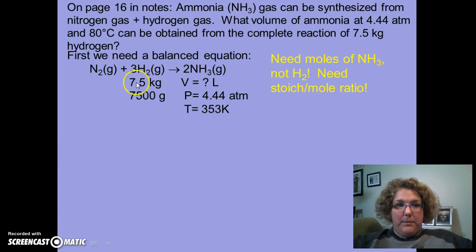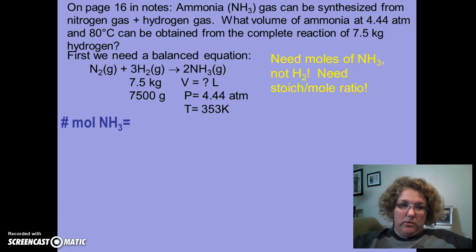A lot of times I see people will just take this mass, convert it to moles, and then plug it in here. Okay, well, if you take your mass of hydrogen, convert that to moles, and plug it into PV equals nRT, well, you can get your volume of hydrogen, but that's not what the question wants. It wants the volume of ammonia. So as always, it's extremely important to pay attention to what chemicals you're given and what chemicals you're looking for.